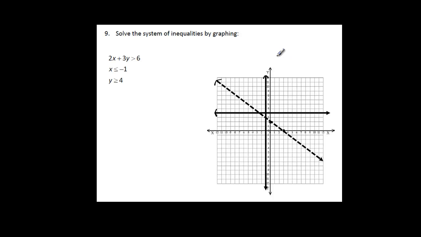Now the question is, where do we shade? Remember, we're shading above the dotted line, so above here, to the left, because it's less than, to the left of this one. So that would be all of this, and above this one. If you take all three of those into account, the area that you're going to shade is going to be right in here. So it's going to be all of this inside here.